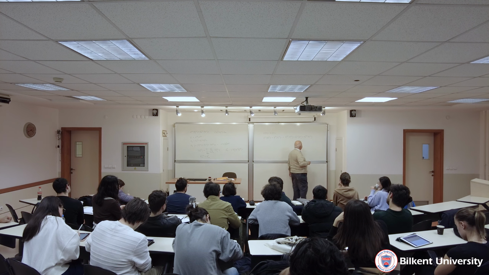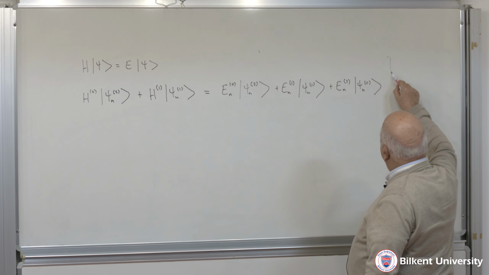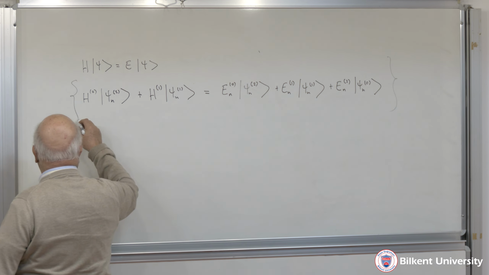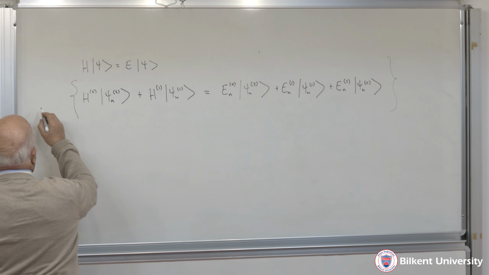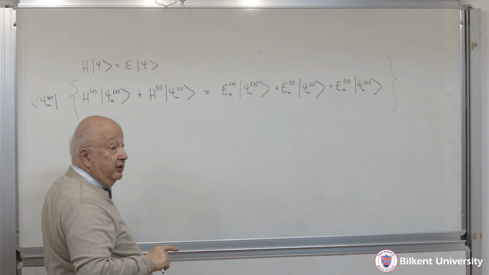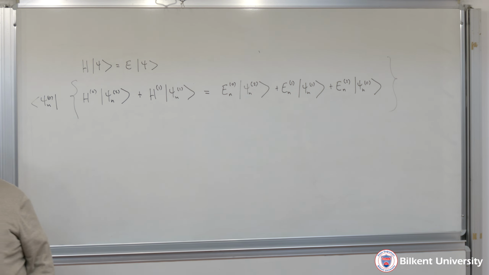Now the strategy is exactly the same. I take this whole equation and take the inner product of this thing with psi n0 again. Remember, when we did that in the first order, we obtained the equation for the energy.